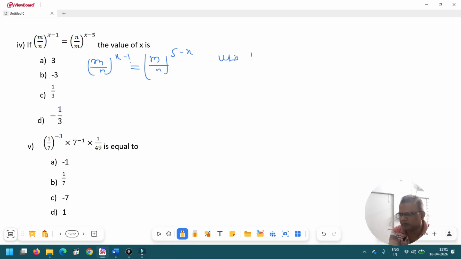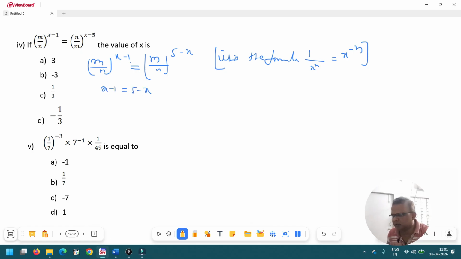Using the formula 1 by x to the power n is equal to x to the power minus n. That is equal to x minus 1, 5 minus x. That implies 2x is equal to 6. Implies x is equal to 3. And A is the correct answer.